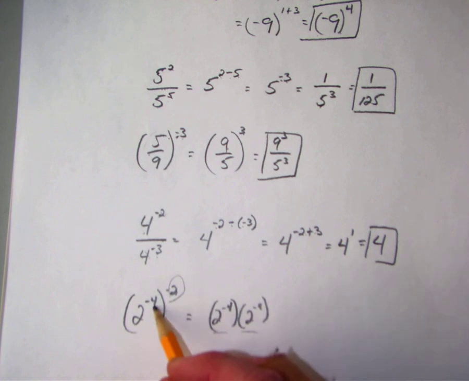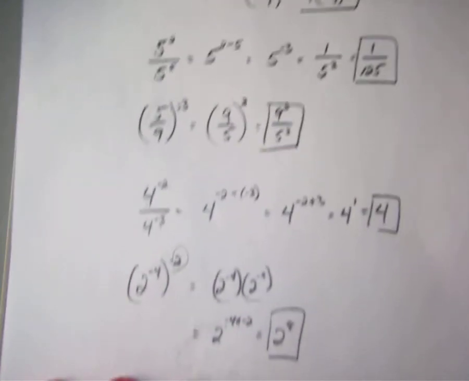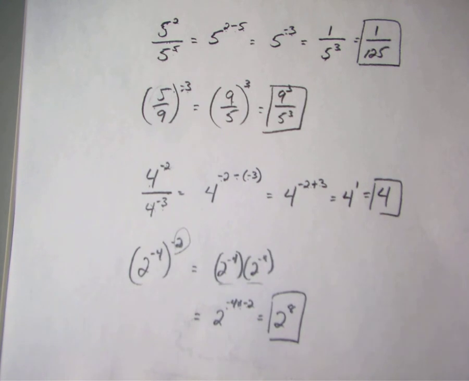Or the shortcut is, since it's a power with an exponent, I can just multiply those exponents. It would be negative 4 times negative 2. So negative 4 times negative 2 is a positive 8. And there's your answer. And again, we're evaluating this because we're actually getting numerical values for these expressions.